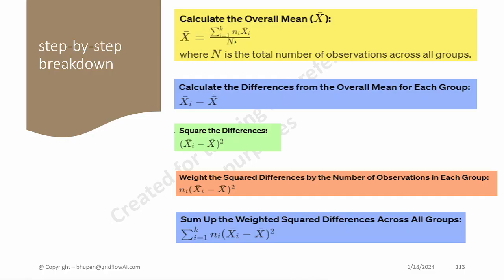So the first step is the overall mean, then find the difference from the overall mean for each group, square them up, and then add them. Finally, sum the weighted square differences for each group. Basically, you multiply by the number of samples from each group, and that gives you the weighting.